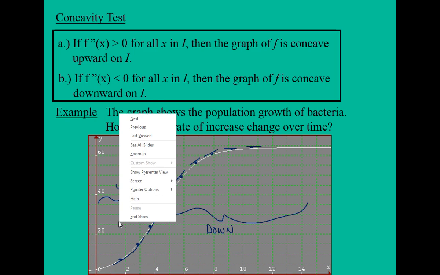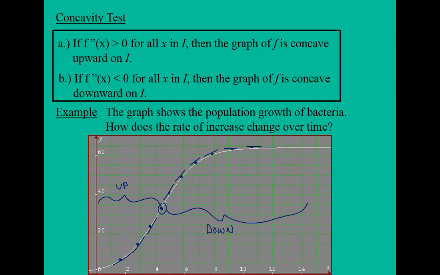Now this point at which it changes from concave up to concave down has a special name. It's called a point of inflection. If a graph changes concavity, the point at which it changes is called a point of inflection.